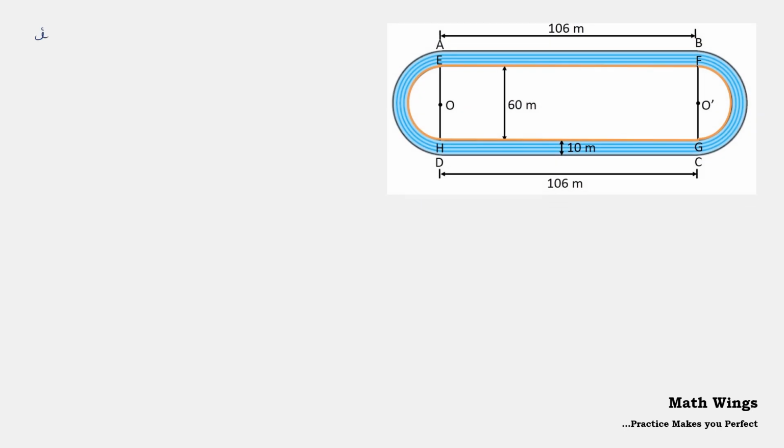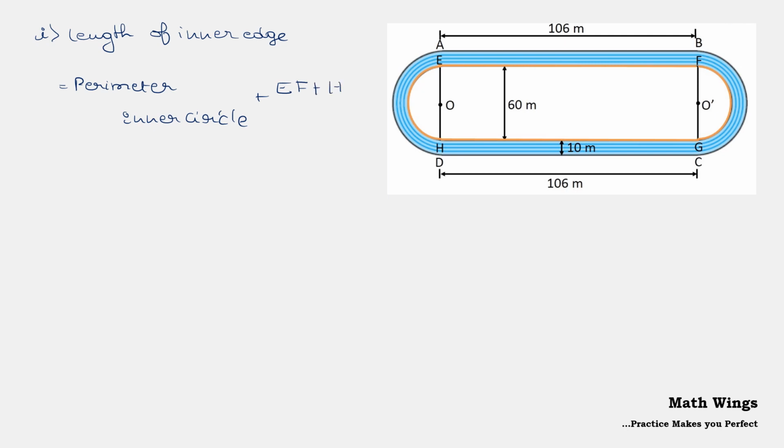The first question is the length of the inner edge, which is equal to the perimeter of the inner circle plus the length EF plus the length HG.